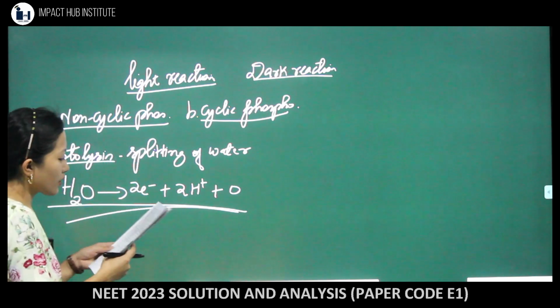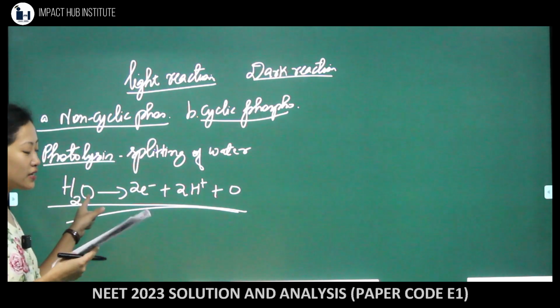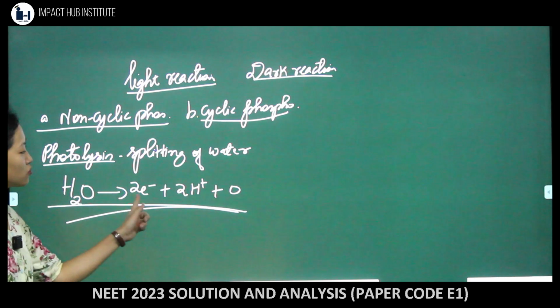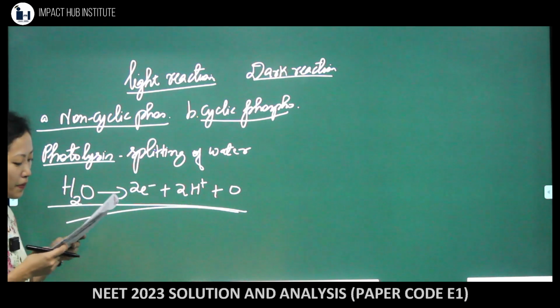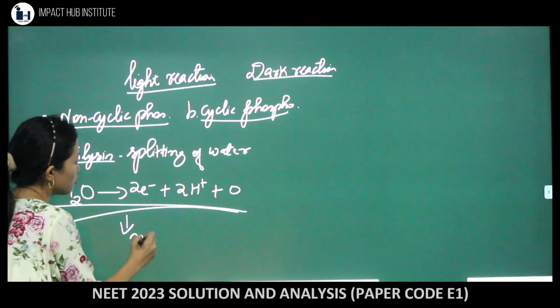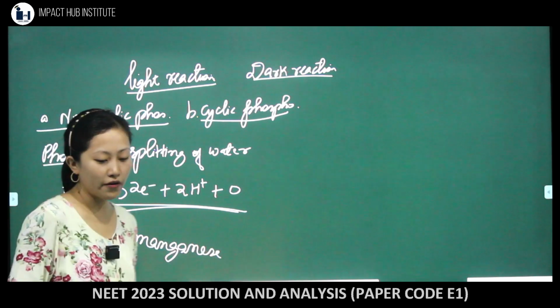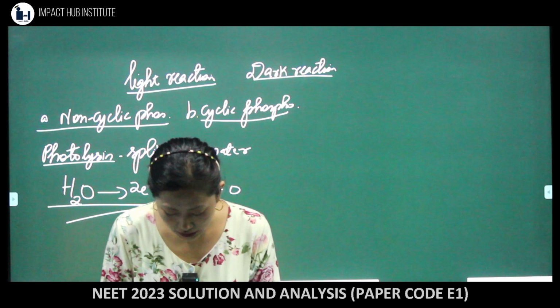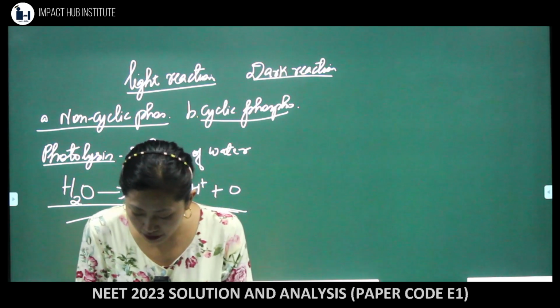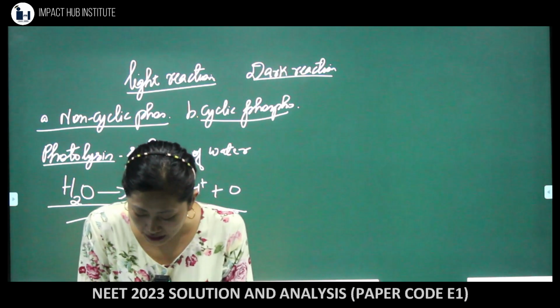So the micronutrient that is required for splitting of water into these products is manganese. The correct option will be number 1. So for question number 109, the correct option is number 1, manganese.